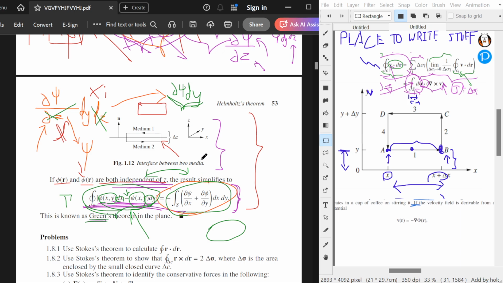It looks really similar to Stokes' theorem, I have to say, because one is a circulation and one is dealing with the stuff with the area, the surface area. This is known as Green's theorem in the plane.